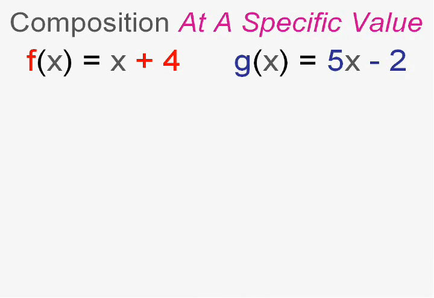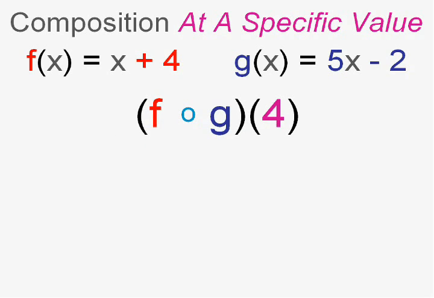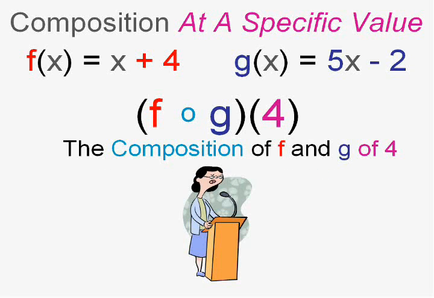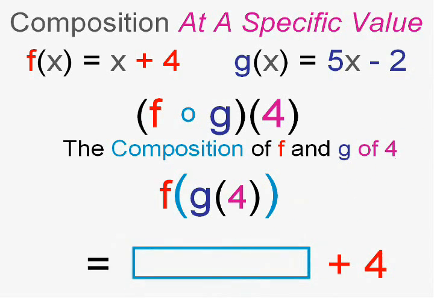What if you wanted the composition at a specific value? For instance, what is f of g of 4? That's called the composition of f and g of 4, or at 4. Well, we'll take g of 4 and then apply f to it.